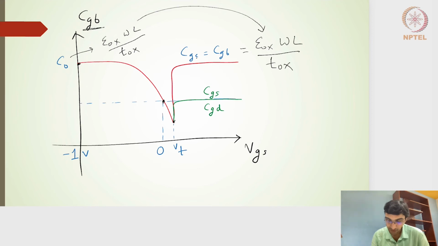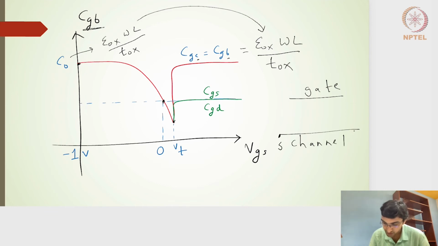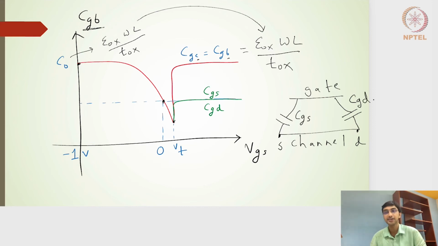This particular value, I can also say, is gate to body or gate to channel. That's why I've written both notations. If I have this gate and a channel here, this will be my source and this will be my drain. I can also approximate it into two parallel plate capacitances, CGS, gate to source, and CGD, gate to drain.